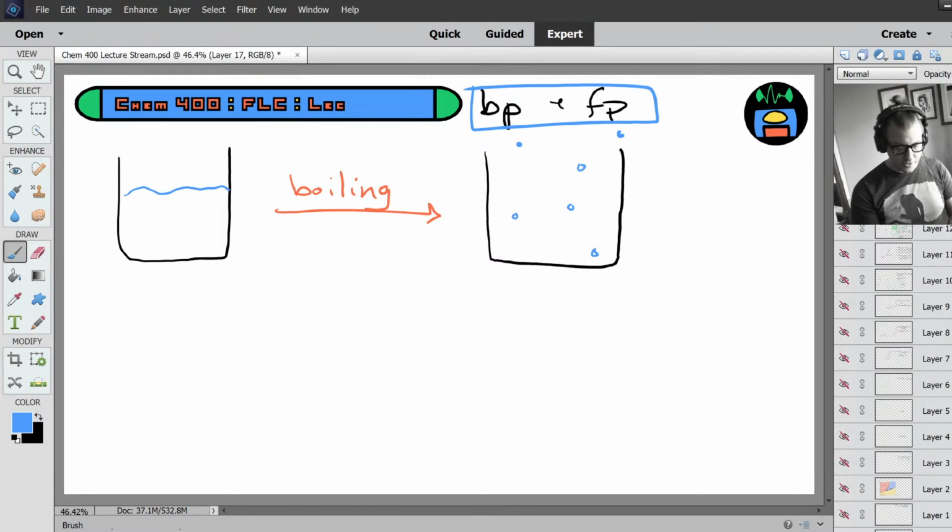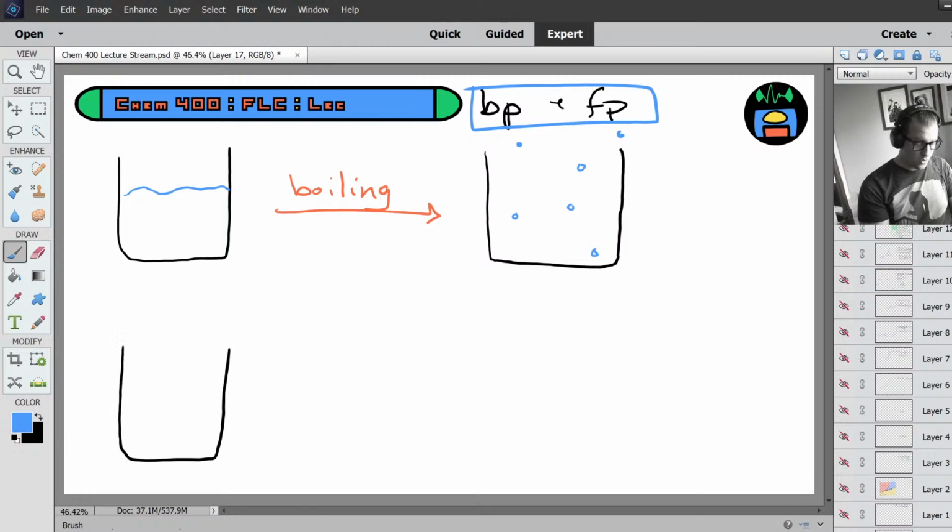So the process of boiling destroys all of those attractive interactions, which for a pure solvent means you lose all of the solvent-solvent interactions.